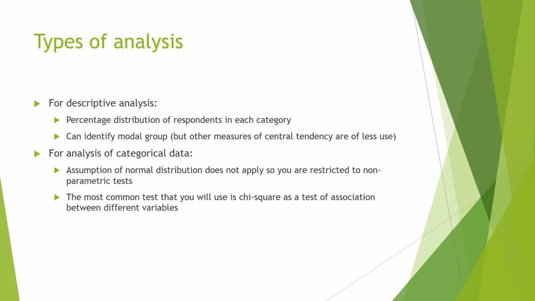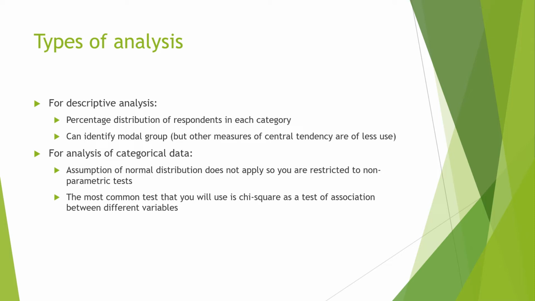Parametric tests assume that the underlying distribution of a particular variable follows a normal distribution. The point you have to understand is that if you have categorical data, that assumption of normality doesn't make any sense. So you can't use parametric tests. A lot of the tests that you've learned, say for example student t-tests and correlation coefficients, are not suitable. They can't be used for categorical data.